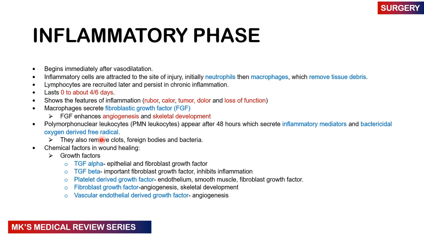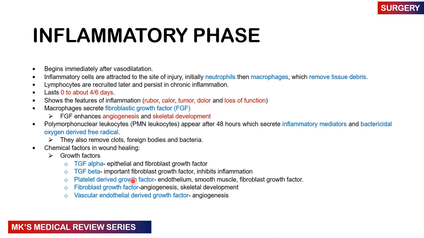Remember that there are some chemical factors that are going to be associated in wound healing, some growth factors, including transforming growth factor alpha and transforming growth factor beta. So the alpha variant is going to be involved in epithelial and fibroblast growth. The beta is going to be involved in fibroblast growth, as well as it inhibits inflammation. You may also have the platelet-derived growth factor, which I already talked about.